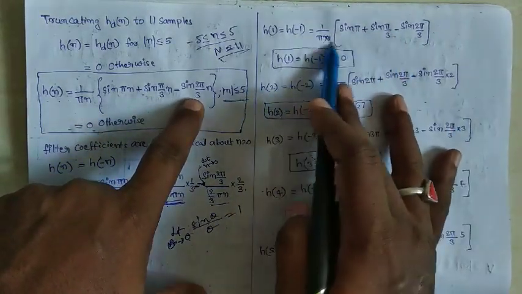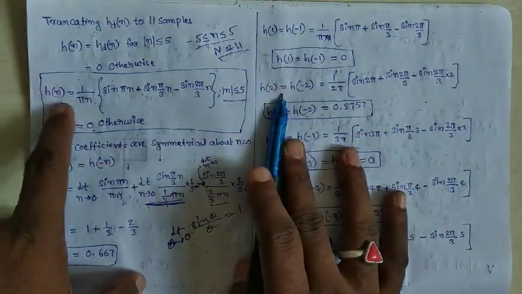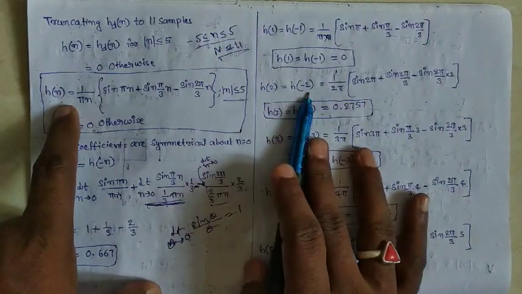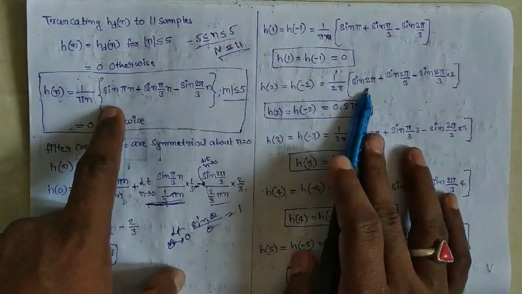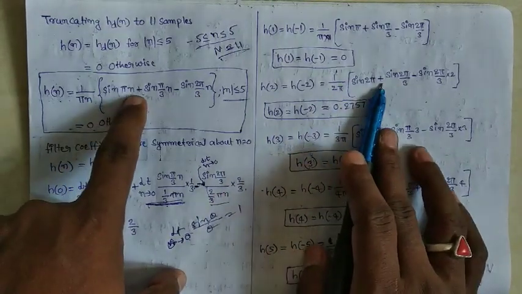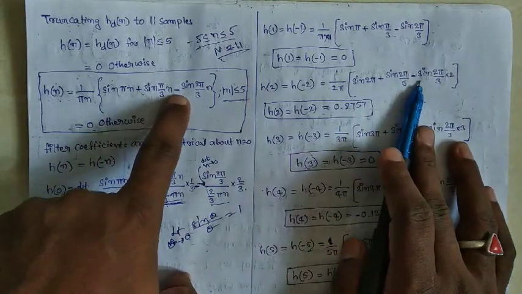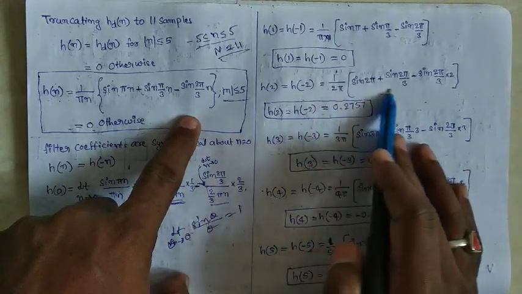Its value is 0. Similarly, for n equal to 2, h of 2 is equal to h of minus 2, which is equal to 1 by 2 pi of sin 2 pi plus sin 2 pi by 3 into 2 minus sin 2 pi by 3 into 2.